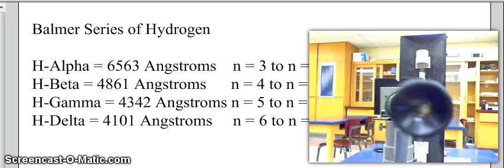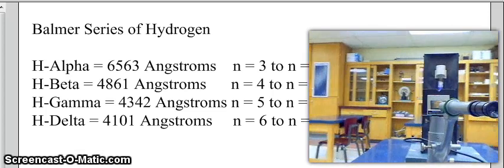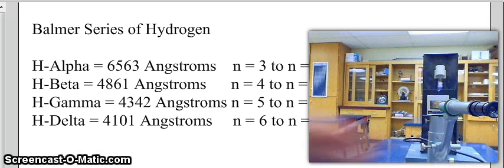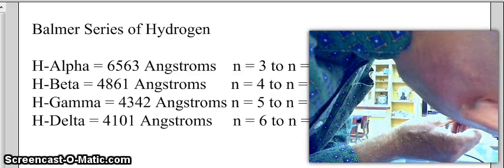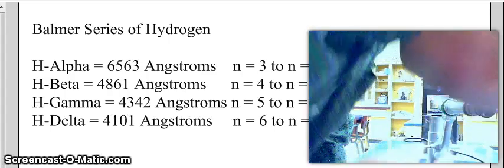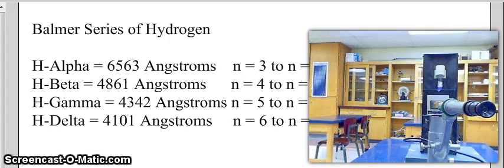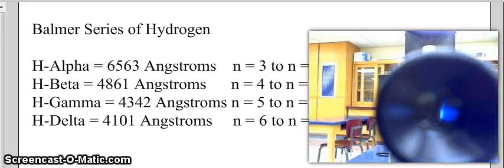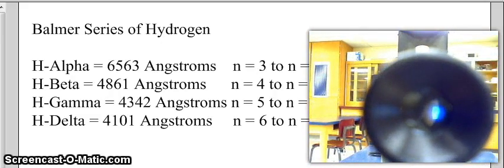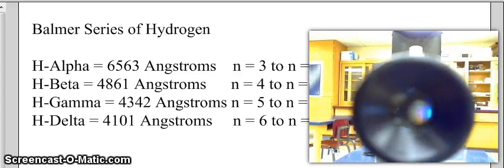Okay, the next one we will do is called the H gamma line. So I need to move this. Okay, it's easy to see with the eye. Let's see if the camera can pick that up. Yes, it can. You can see this.